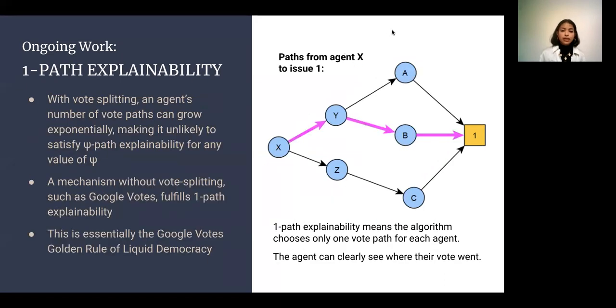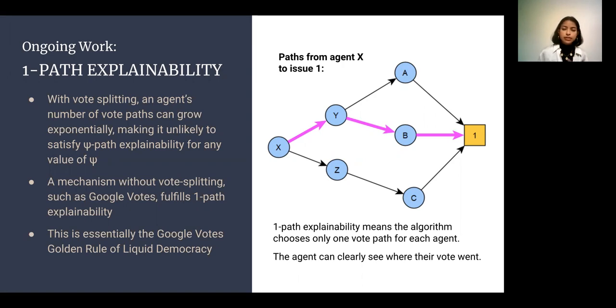Going back to the Google Votes algorithm, which did not split votes, Google Votes would be considered a one-path explainable mechanism because it just sends one full vote down one path to the end of the issue. The reason we're focusing on one-path explainability is that once we start splitting votes, an agent's number of vote paths can grow exponentially.